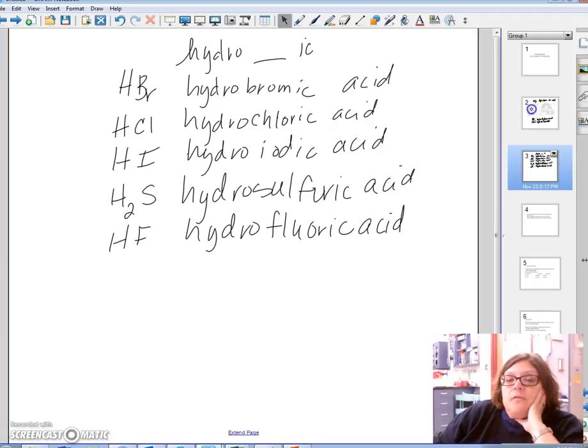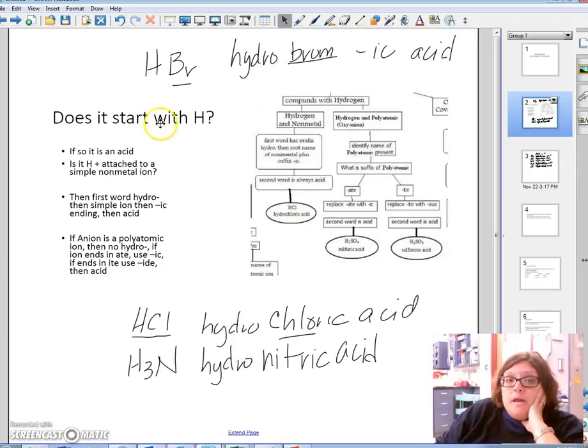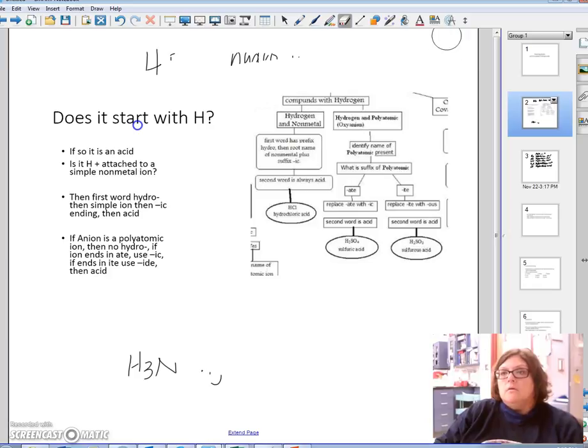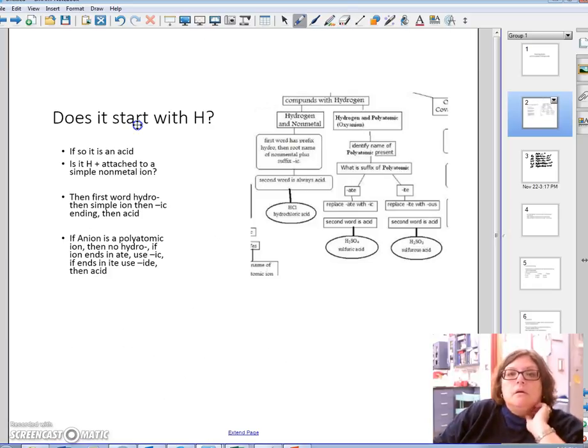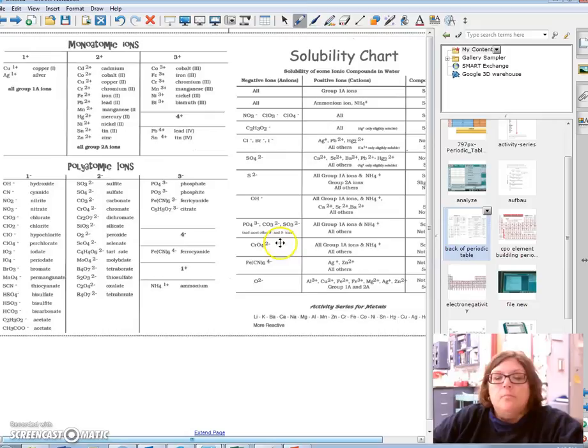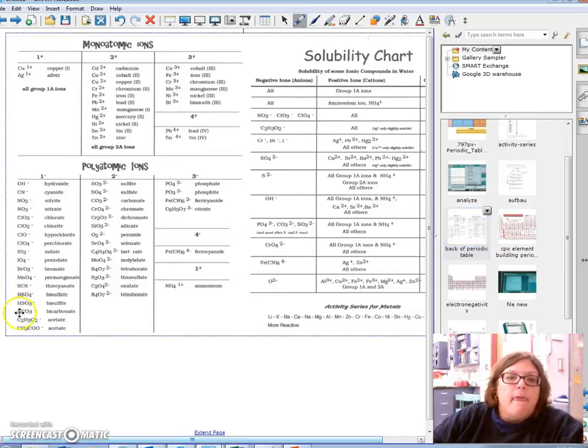Next, that's for a binary. What if it has a polyatomic ion? What if instead of HBr, we had HBrO3? Well, this is a polyatomic ion. What's its name? We can look at the back of our periodic table, and BrO3 is bromate.